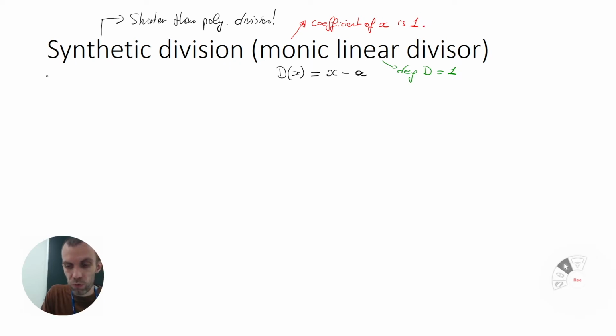We're going to explain how this works based on an example, and for the example we'll use the same polynomial as on the previous slide: 3x to the power 4 minus x cubed plus 2x squared minus 2x minus 1, and the divisor is x plus 2.